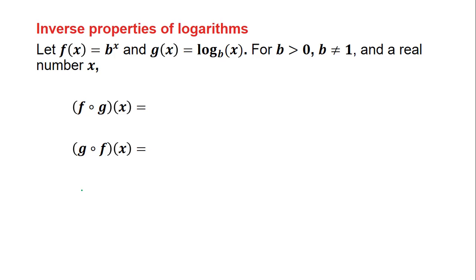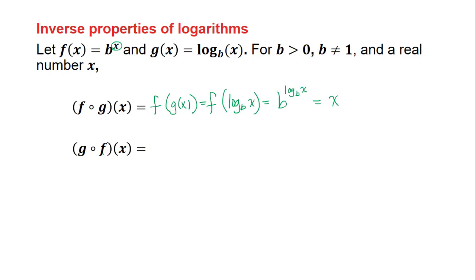It will follow that f composed with g of x is equal to f of g of x, which is equal to f of log to the base b of x, which will be equal to b to the log to the base b of x, right? We replace our input x with the function g, and we just get x.